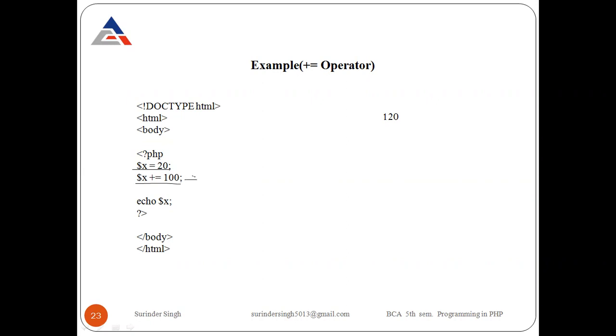This statement is equal to x equal x plus 100. X has value 20, 100 and 20 is 120. Here we are printing the value of x. It prints 120.